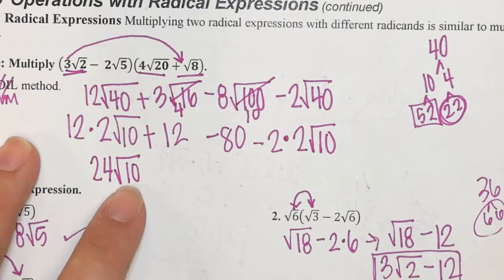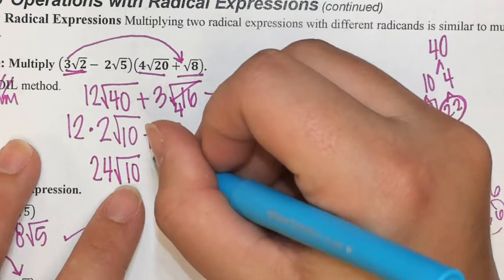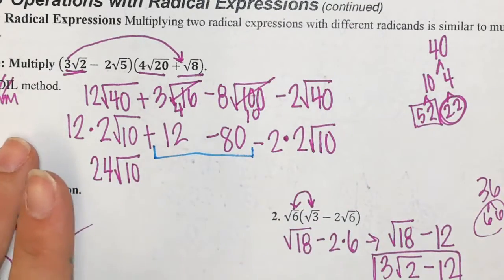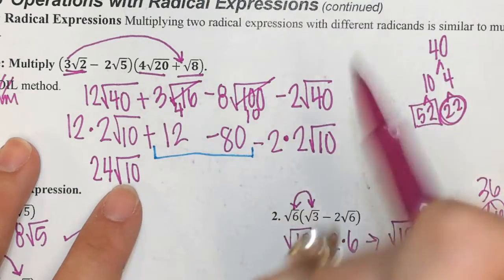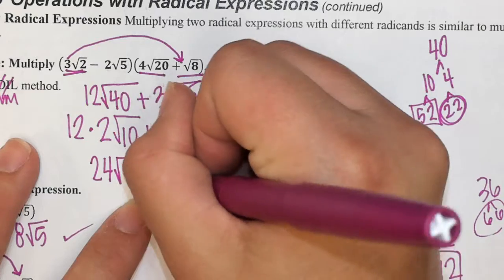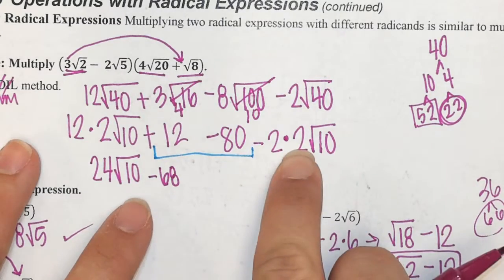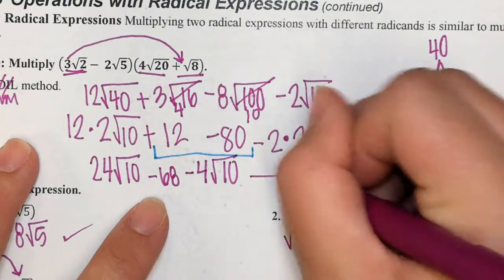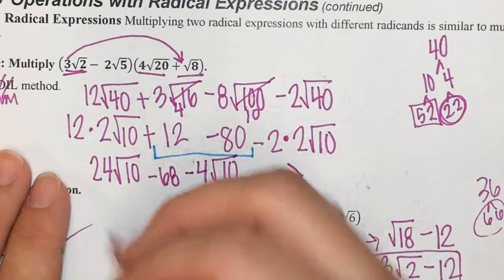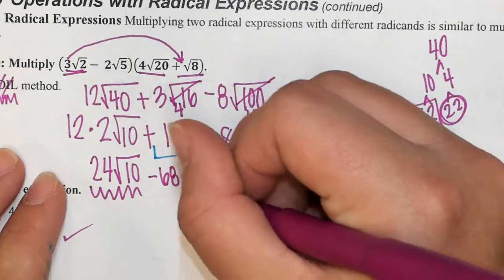You can go ahead and combine these two middle terms. They're just numbers. 12 minus 80, negative 68. And then negative 2 times 2 is negative 4 square root of 10. So we have one more step, and it's to combine 24 minus 4.